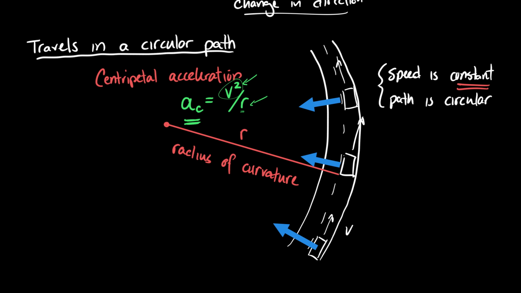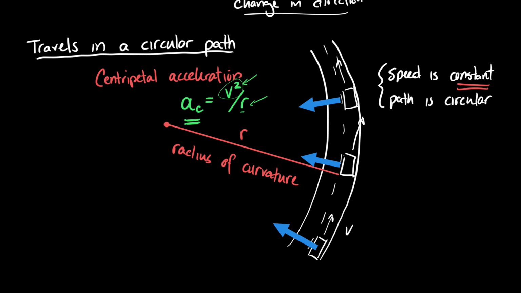Now look, there's a lot of fancy geometry here. Like all the velocities are tangent to the curve, and all of the accelerations are perpendicular to the tangents. Those are complicated sentences, so I just want to tell you what I want you to know. The centripetal acceleration always points towards the center.